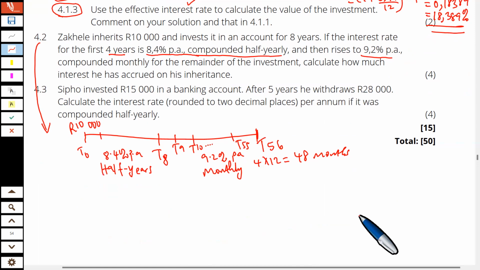Tell me what answer you get in the question of Zakele. We're going to finish it now together. I always want to make sure I engage your ideas, because if I engage your ideas, we actually will make significant progress.